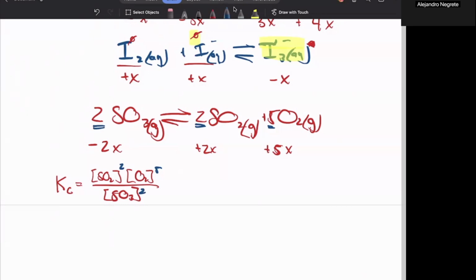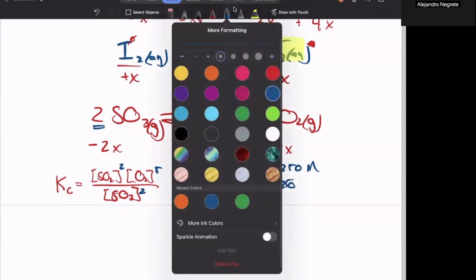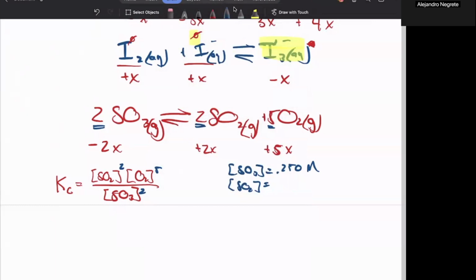So if we were to figure out Kc here, let's go with, if the concentration of SO3 was equal to 0.250 molar, the concentration of SO2 was 0.250 molar, and the concentration of O2, let's say it's 0.125 molar.